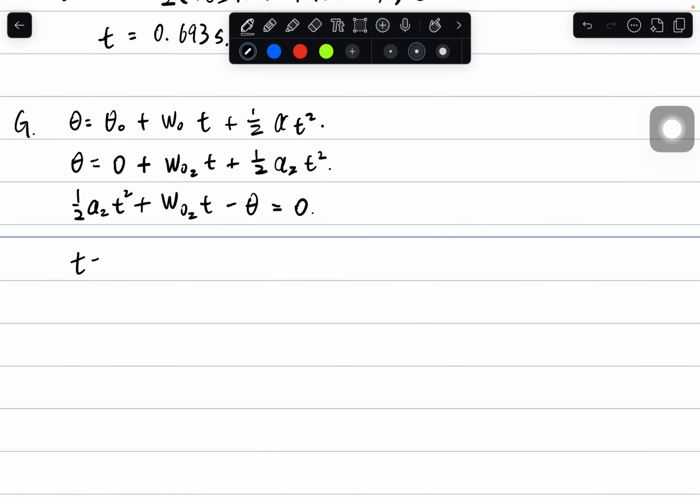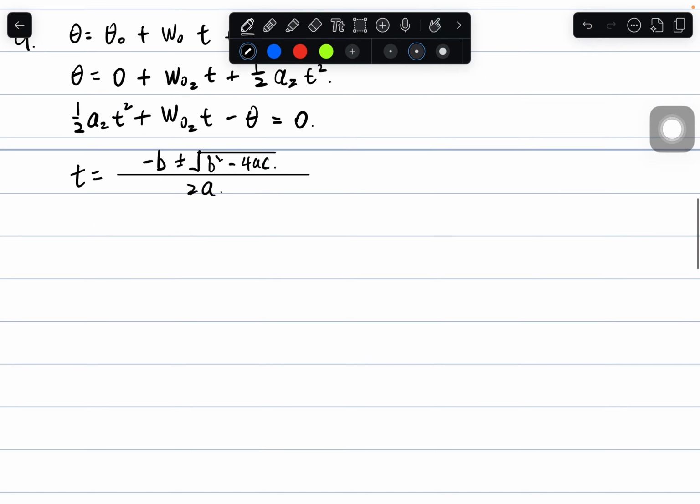So t equals, we can use the quadratic formula, negative b plus or minus the square root of b squared minus 4ac, all over 2a. So we just plug in all the numbers.